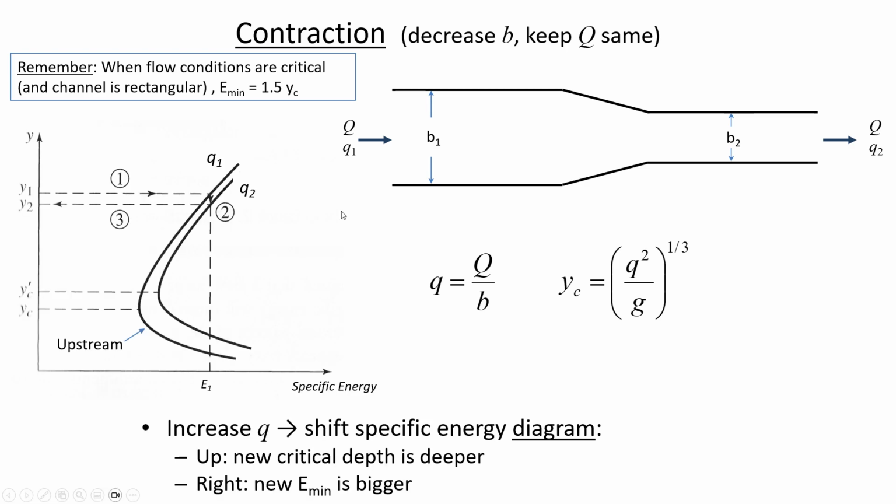And so if you've got a different critical depth, then you're no longer on the same specific energy diagram. And so if you make the channel narrower, you're increasing the flow per unit width. And what that does is it pushes the specific energy diagram to the right and up, because your flow per unit width is larger, the critical depth is larger.